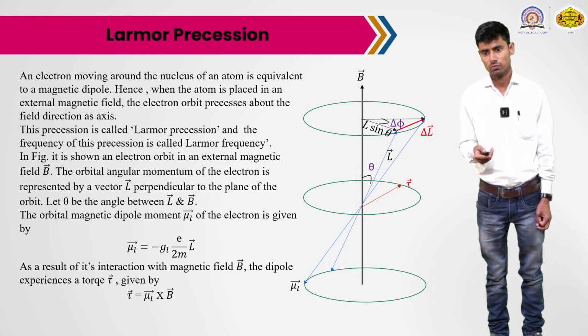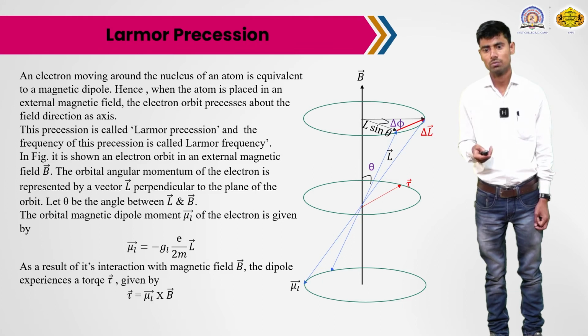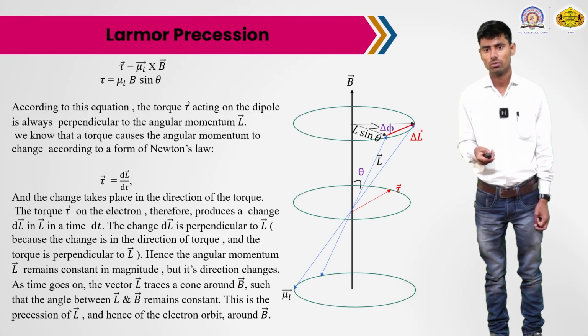So here you can observe that we have shown the orbital angular momentum vector L, and μL is oppositely directed to L. As you place this atom in an external magnetic field, the magnetic moment μL will experience a torque, which is given by τ equals μL cross B, and its magnitude will be τ equals μL B sin θ. Here θ is the angle between L and B. So the angle between μL and B will be π minus θ, as you can observe in the diagram, and the sine of π minus θ is the same as the sine of θ.